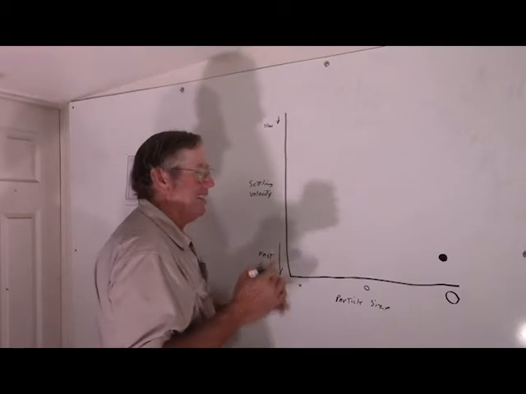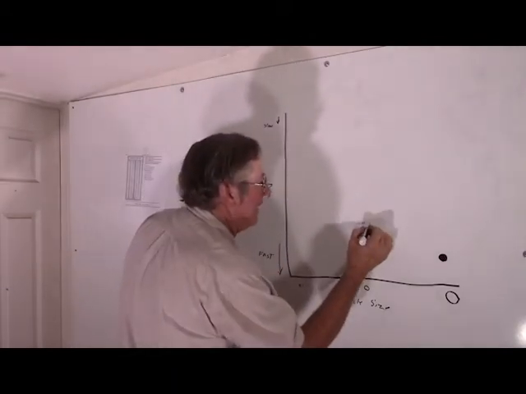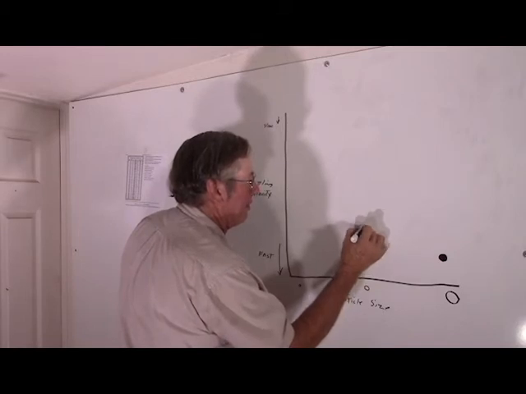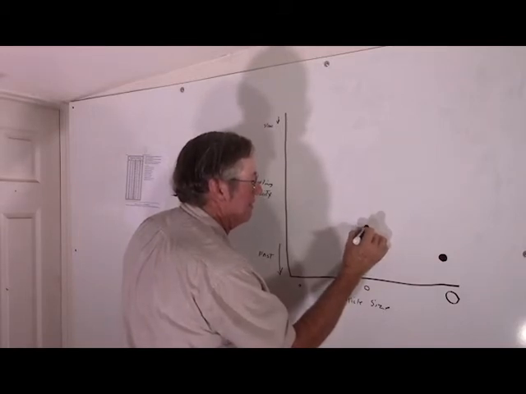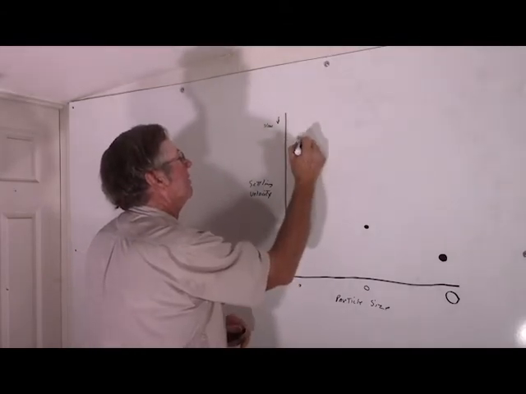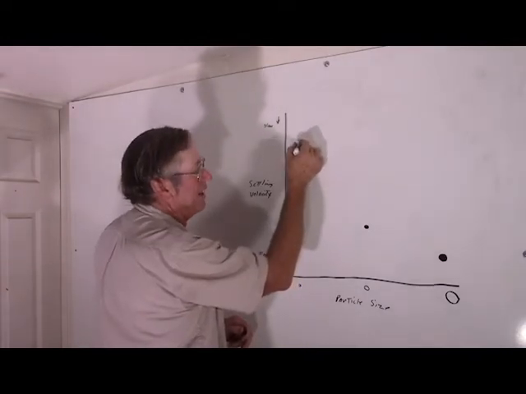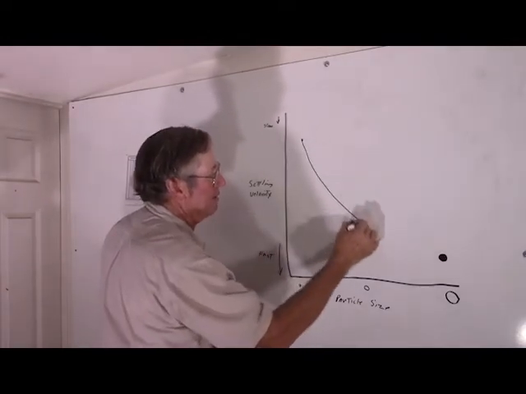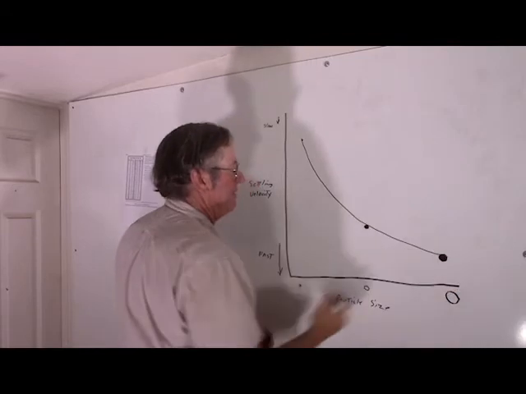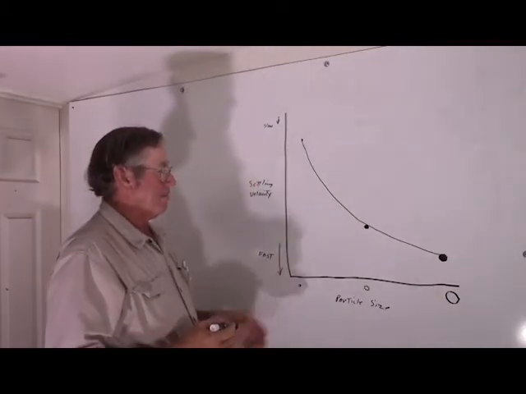That's not reality for you, but for now that'll do. And a smaller particle will settle slower. And a real small particle will settle slower yet. So, you can draw a curve through this, and you can determine what the settling velocity of all the different particle sizes are.